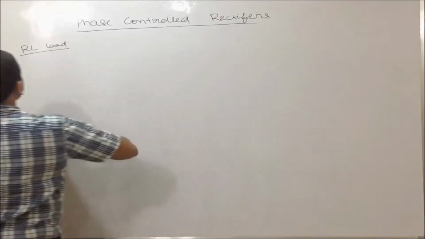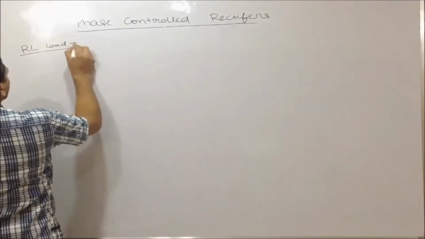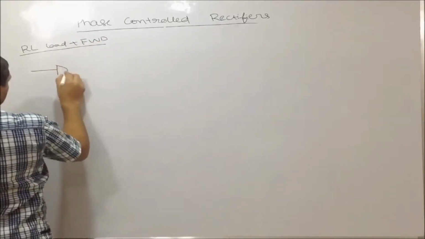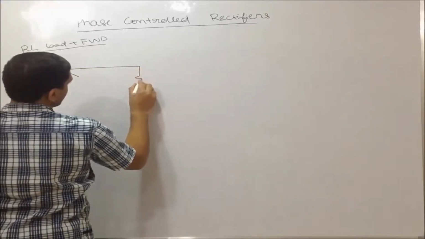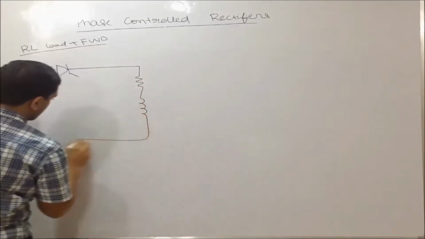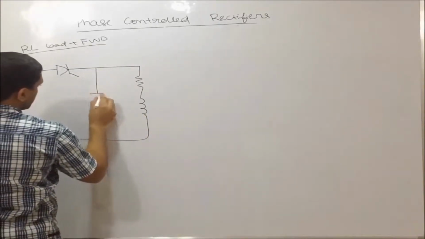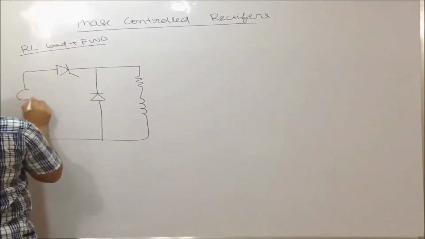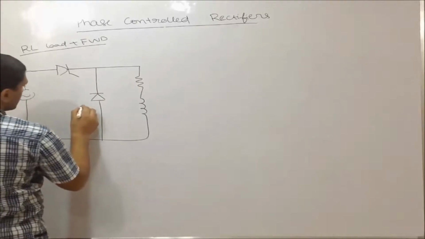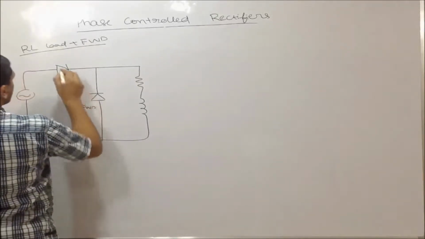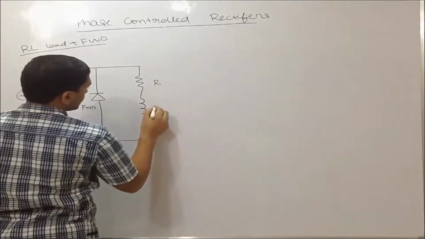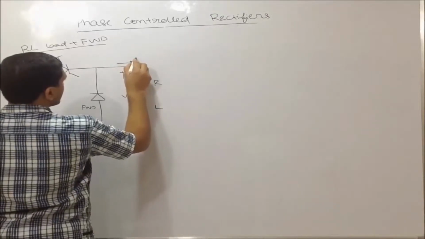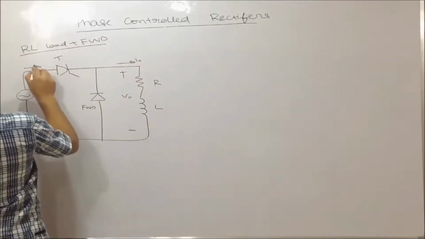So now, RL load with freewheeling diode. This is the freewheeling diode. This is the thyristor, and this is the R and L. This is my V0 and this is I0, and the current here is IS.